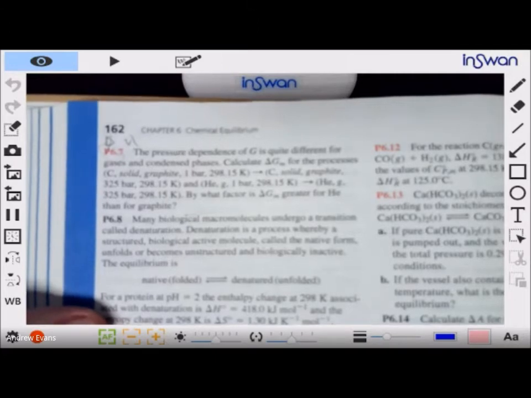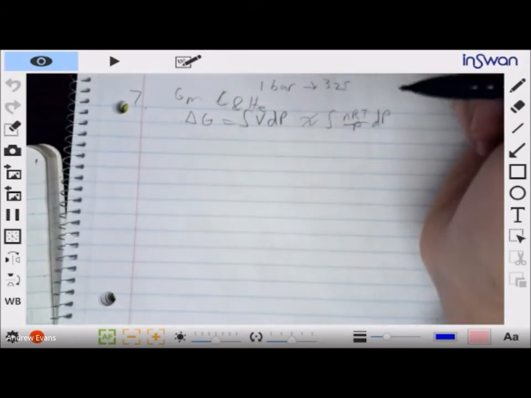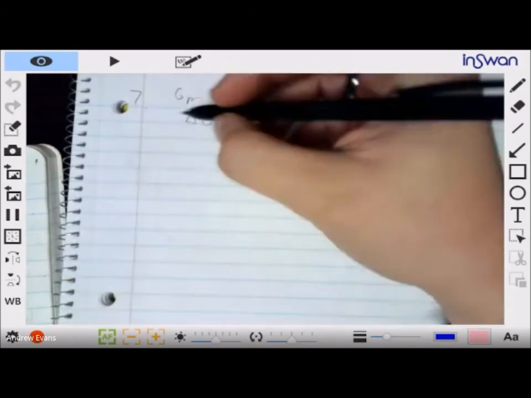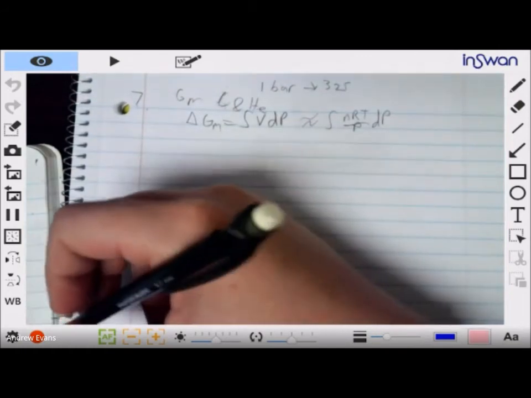By what factor is the molar Gibbs energy greater for helium than it is for graphite?